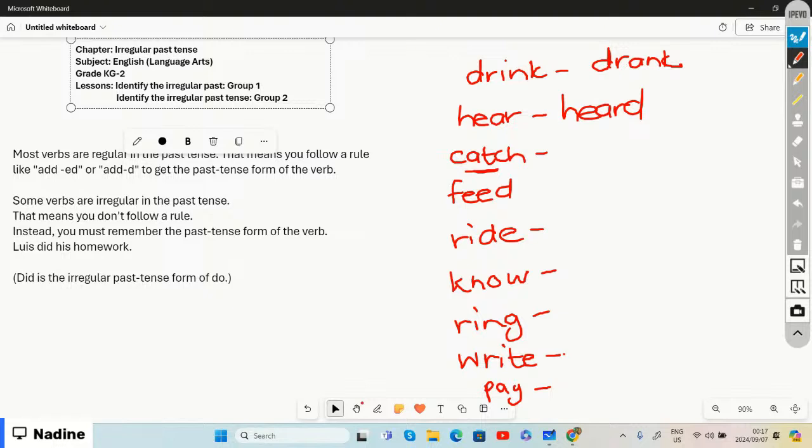And we can say in the past, I caught a big fish. You're feeding somebody now, sorry. And then in the past, we can say fed. Ride, rode.